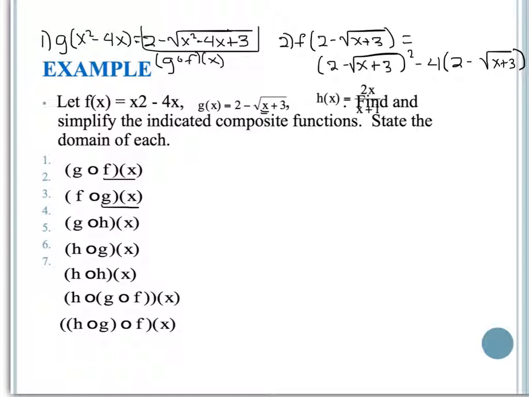I need to square that first set of parentheses, I need to multiply by negative 4 to the second set of parentheses, and so all that simplifying means we still have some algebra to take care of.